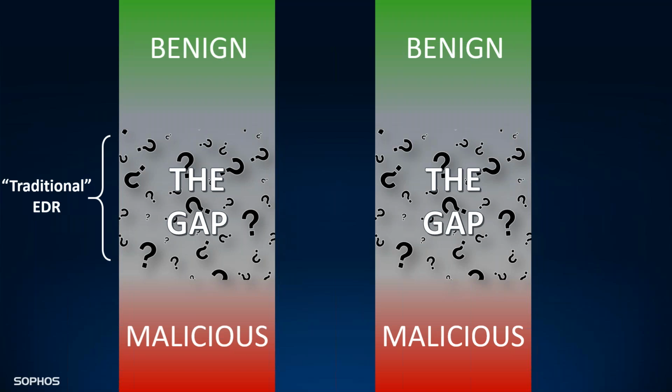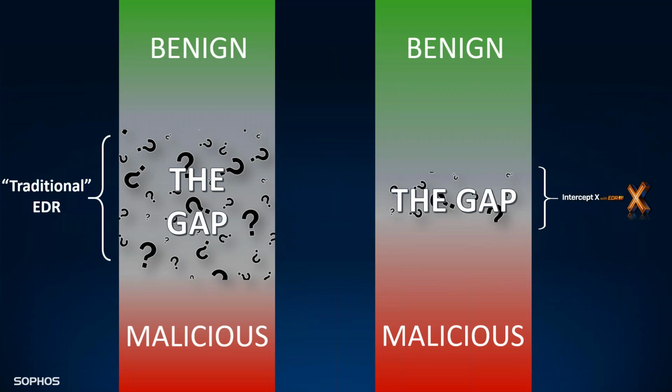But with Sophos Intercept X, being as advanced as it is, we can narrow down that gap because our product is so good at determining what is good and what's bad that we know more of what's benign and more of what's malicious. So from an EDR perspective, we're looking for fewer things.